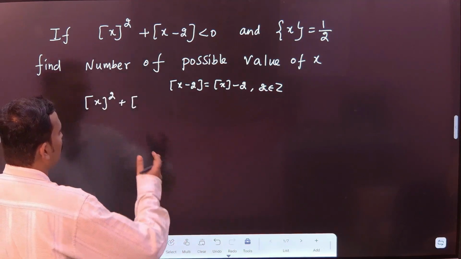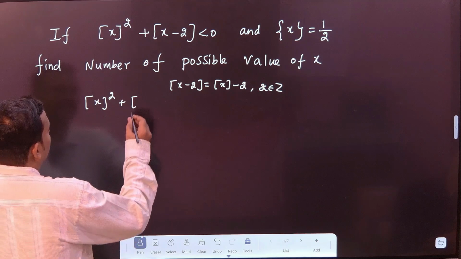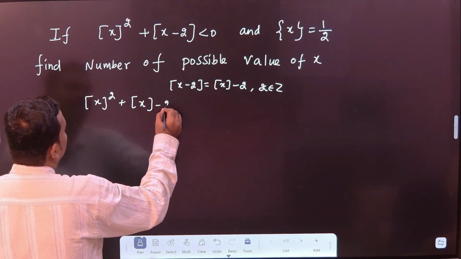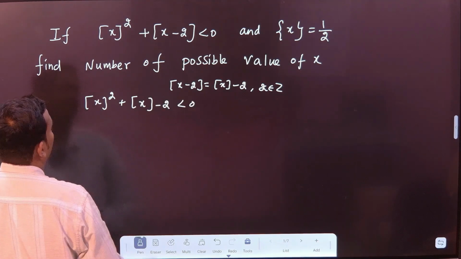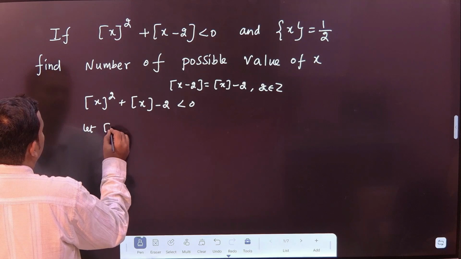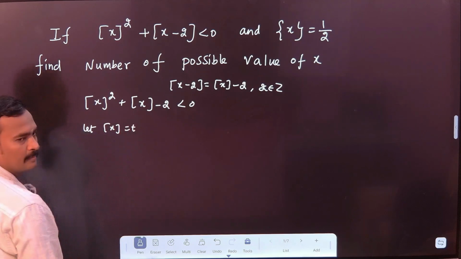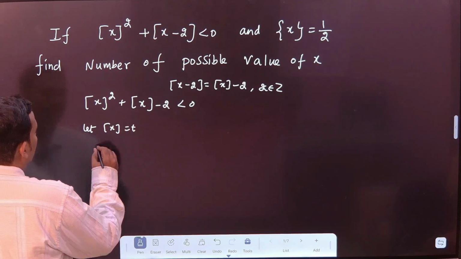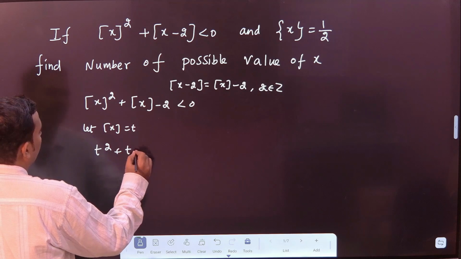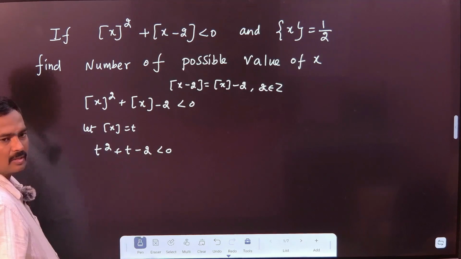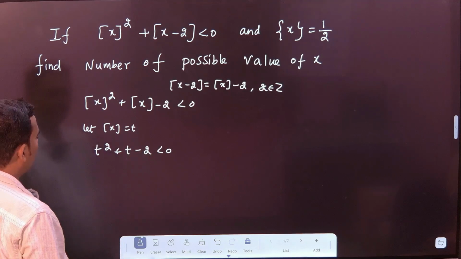So then you can split the things, right? Therefore you can write like this, it's less than 0, right? Let us take the greatest integer function is equal to t. Then t square plus t minus 2 less than 0. Clear?